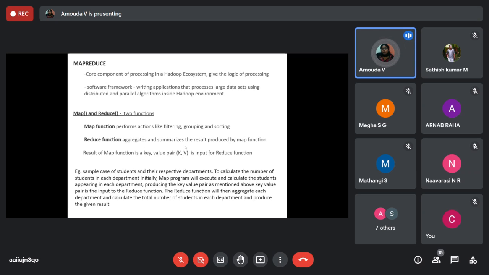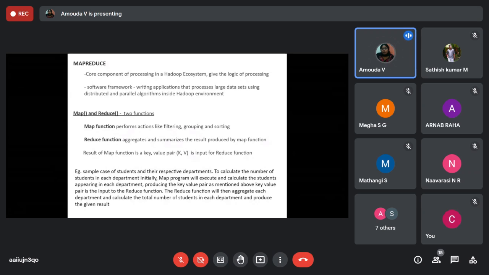See here, suppose there are different students in the department. If you want to extract the students in the respective departments, you have to calculate the number of students. How many students are there in each department? So now the map program will calculate the students in each department and produce key value pairs for the students in each department and give them to the reduce function.